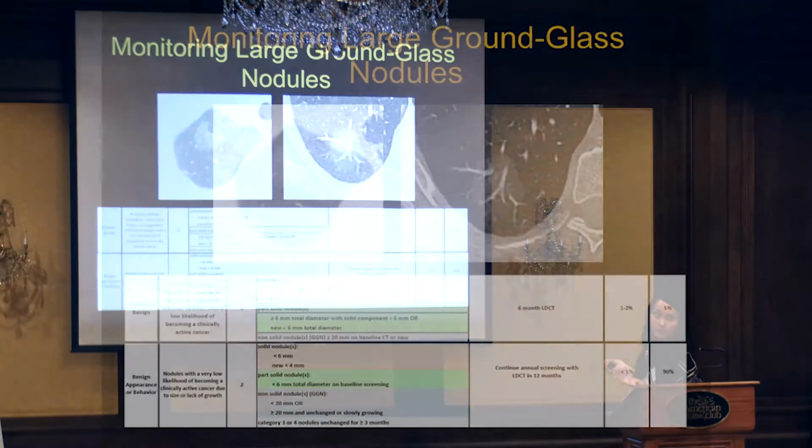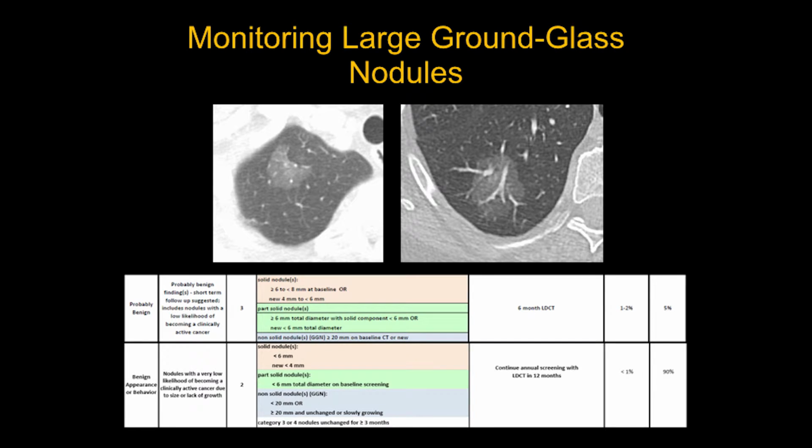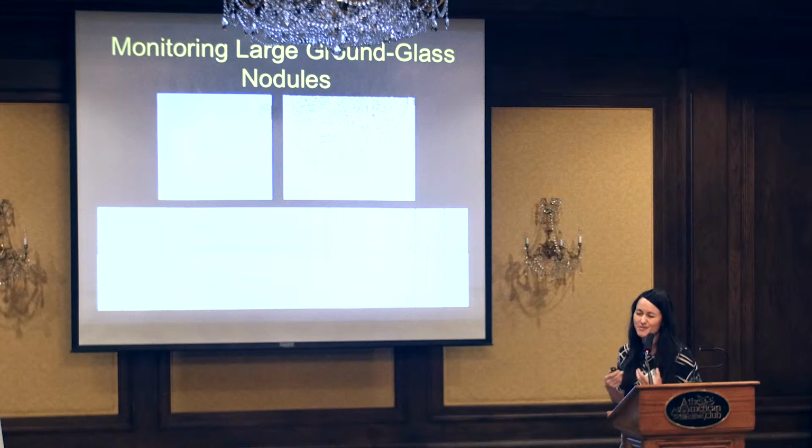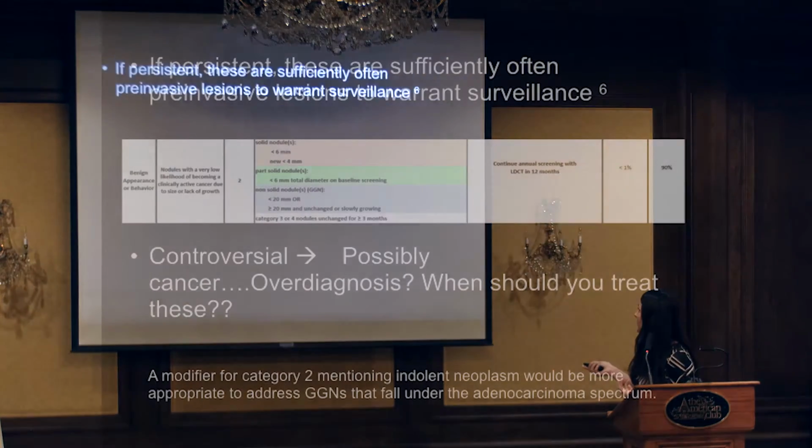If they're persistent, then you jump them back to category 2, which is basically the same as just having a 5 mm nodule. So some of us feel like it's hard to call something that looks like cancer the same as a 4 or 5 mm nodule, but at the moment that's what we have to do.